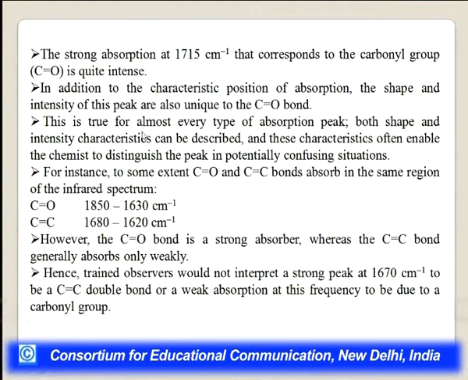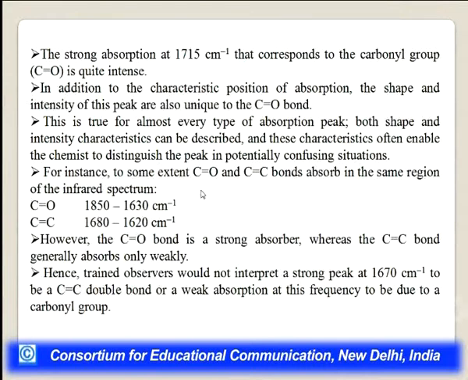This is true for almost every type of absorption peak. Both shape and intensity characteristics can be described, and these characteristics often enable the chemist to distinguish peaks in potentially confusing situations. So we have to see particularly the shape, whether it is broad or sharp, and the intensity, whether it is less intense or strongly intense.